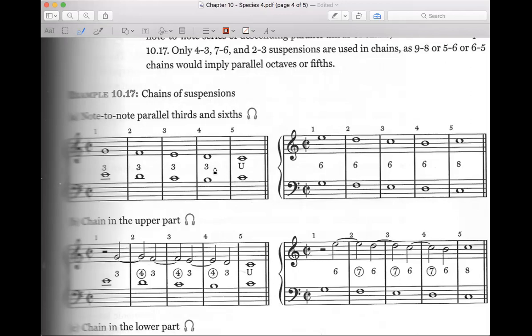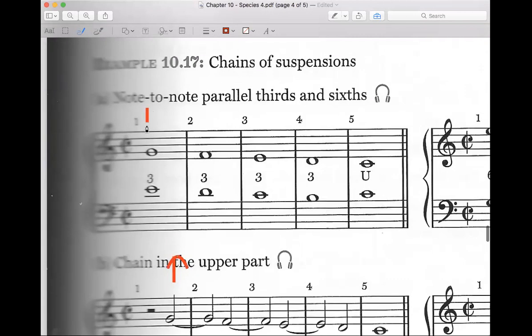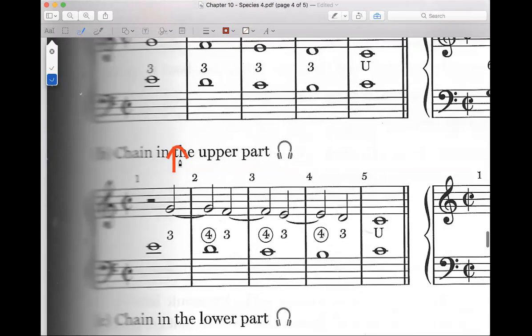So let's see how that works. If the bottom is our cantus firmus, of course, these are going to stay as whole notes. If the upper part is the counterpoint, we're going to shift that over by a half note. So this downbeat becomes the weak beat here. Here's the downbeat. Here's the weak beat. What have we done?